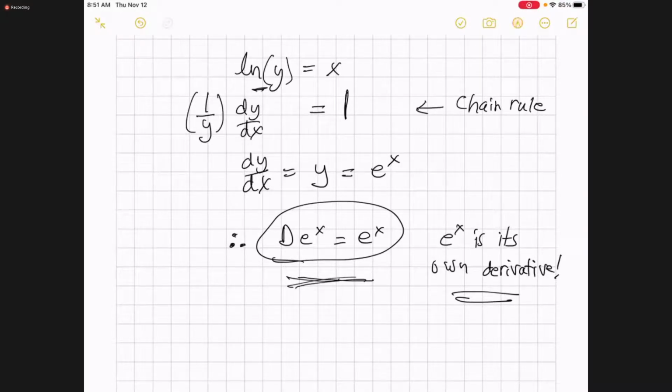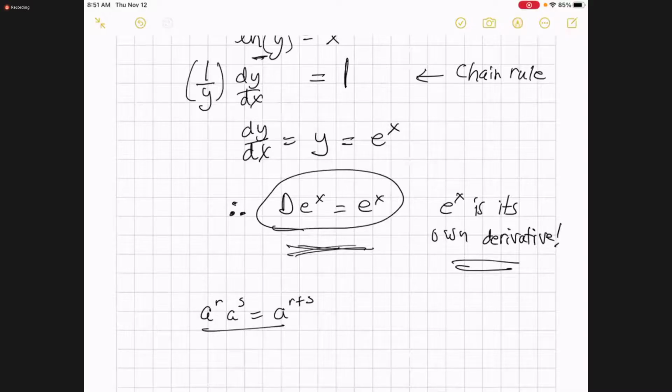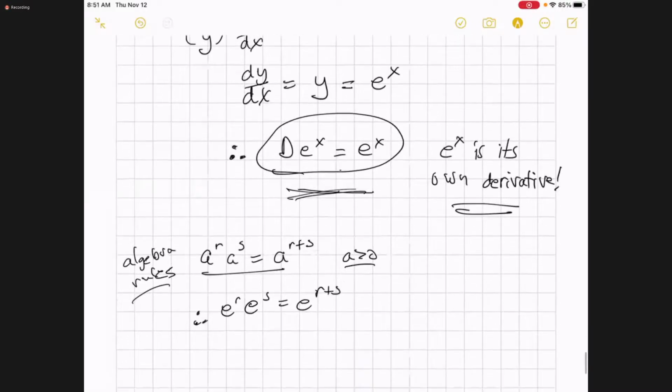That is, we have this rule: a to the r times a to the s is a to the r plus s. So this is one of the algebra rules, so this has got to apply here. So e to the r times e to the s has to be equal to e to the r plus s, because this rule applies for any a greater than 0.